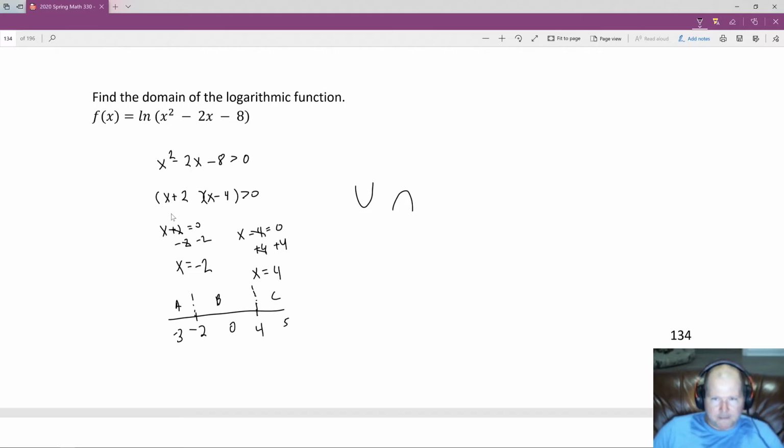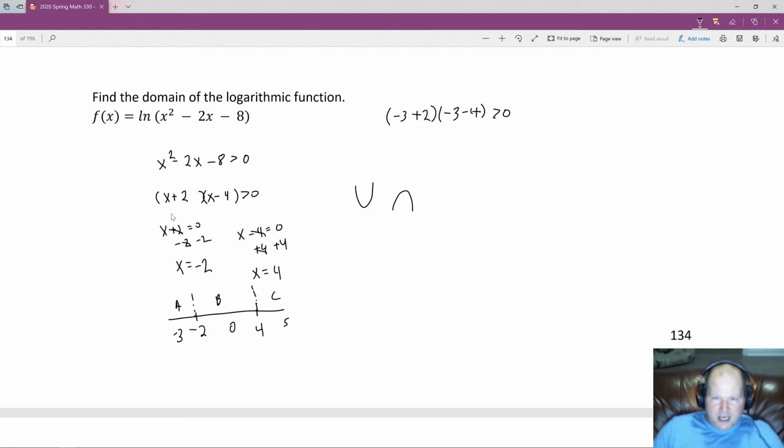Okay, here we go. So the first test point is a negative 3. I'm going to use the factored form just for funsies. I just took the factored form here and plugged in the negative 3, and then we're going to verify this is greater than 0.